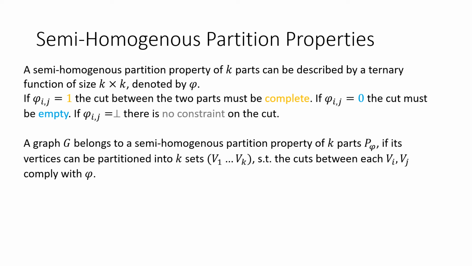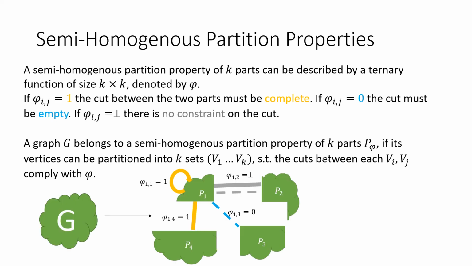Each such function defines a k-part semi-homogeneous partition property, or SHPP for short. A graph belongs to an SHPP if its vertices can be partitioned into k parts, so that the cut between part I and part J follows the constraint specified for this pair of parts in the semi-homogeneous function.